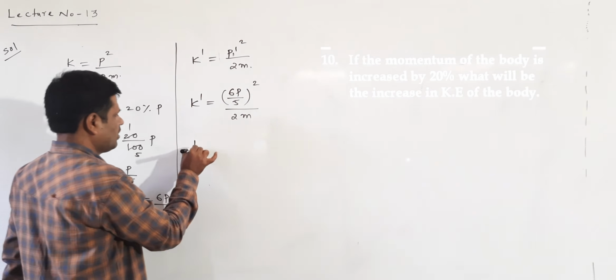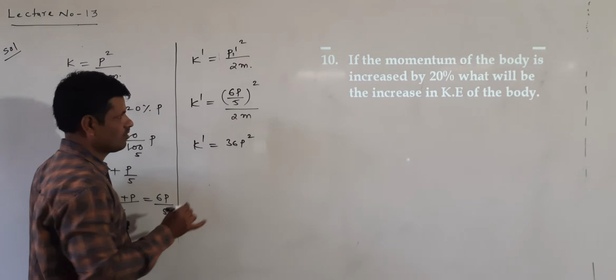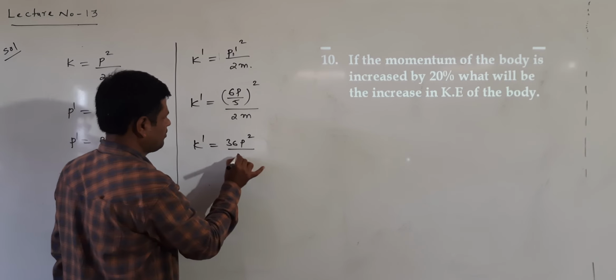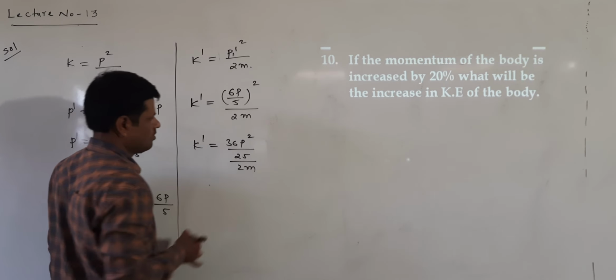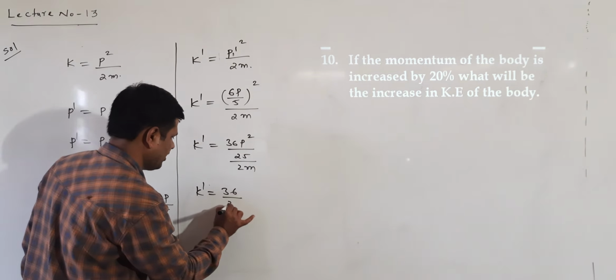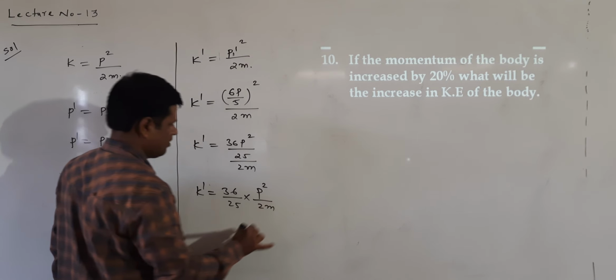Now K dash is equal to 36 P square by 25 by 2m. I am writing it like this also: K dash is equal to 36 by 25, writing outside, the remaining is P square by 2m.